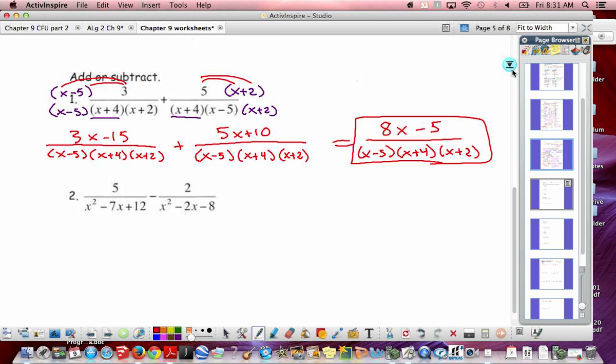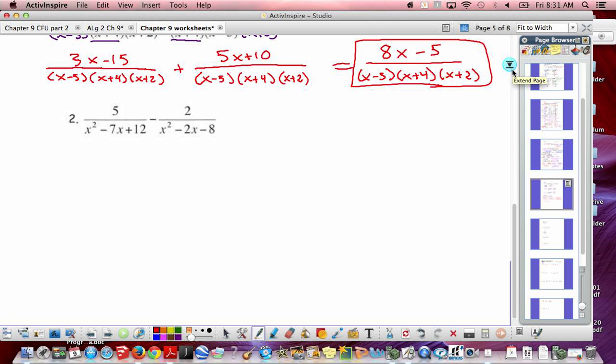All right, the second one, same process except we have to factor first. So factors of 12 that add up to negative 7: x minus 3, x minus 4. Factors of negative 8 that add up to negative 2 is x minus 4, x plus 2. Notice here how they have an x minus 4 in common.